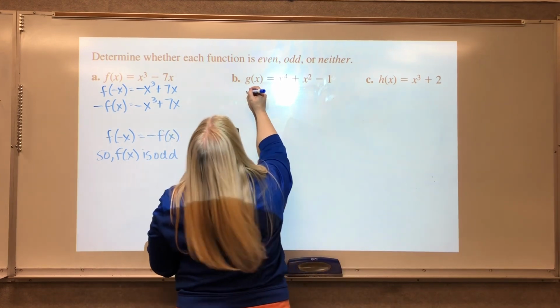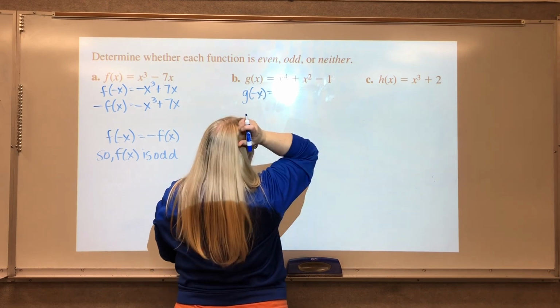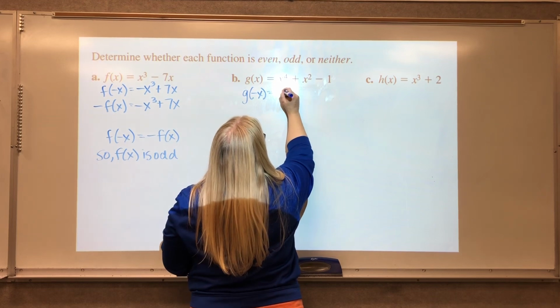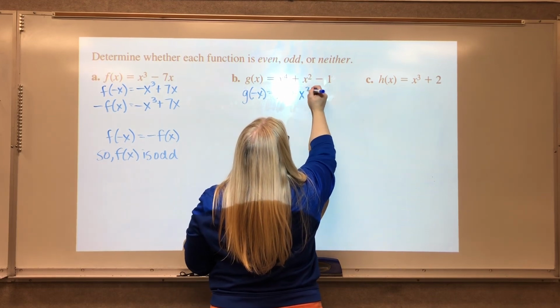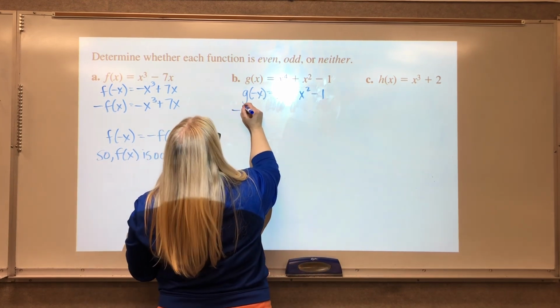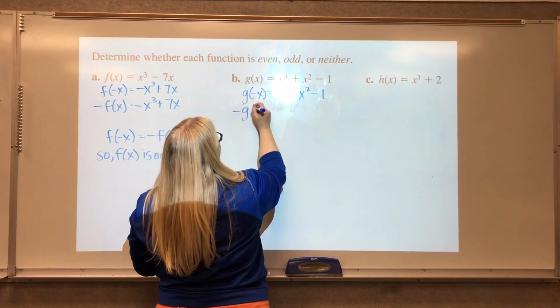We have g of negative x equals, we plug that in. Remember, if it's even, it doesn't change. So we have x to the fourth plus, even, doesn't change, minus 1. We can do this too. Oops, that should be a g. Negative g of x.